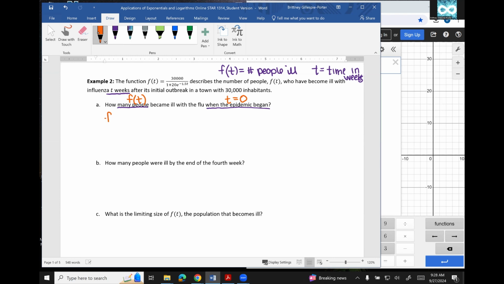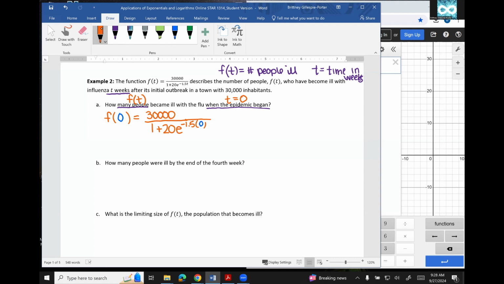So we're going to have f of 0, which means that we're going to plug 0 in wherever we see a t in our equation. So we're going to have 30,000 all over 1 plus 20 e to the negative 1.5, and instead of t, we're going to plug in 0.